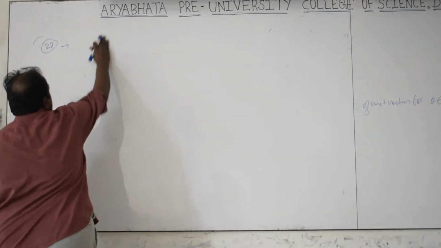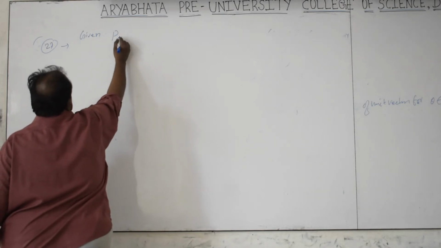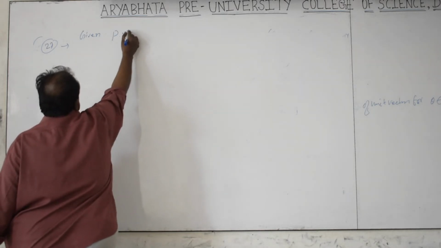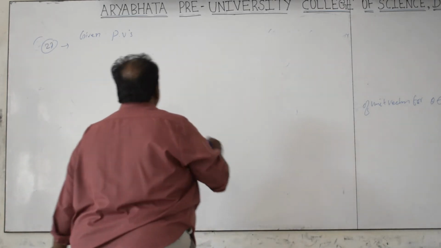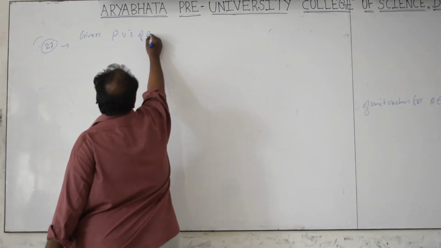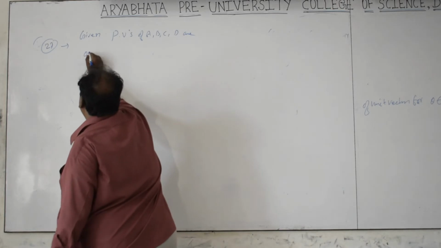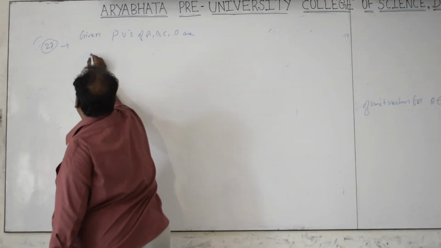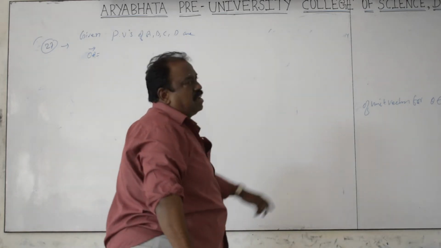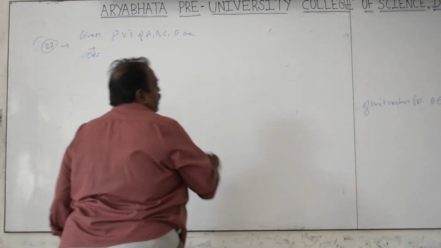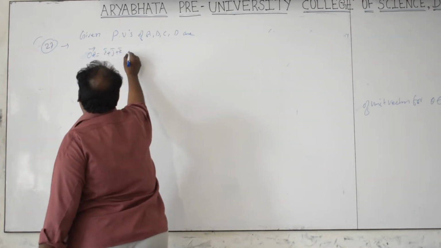Given the position vectors of A, B, C, D are, very clearly given in the question: A is i plus j plus k.